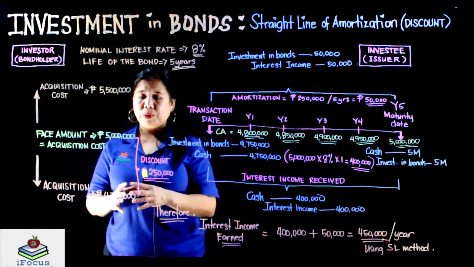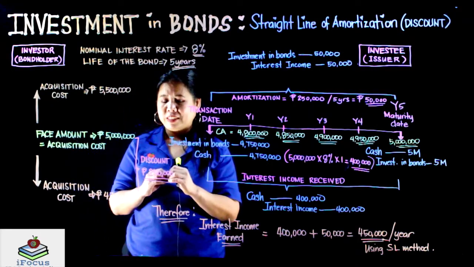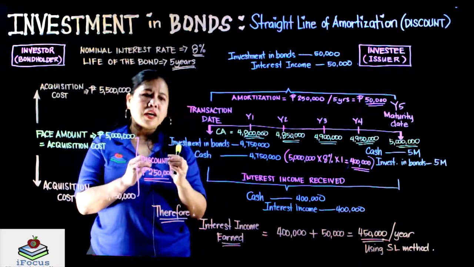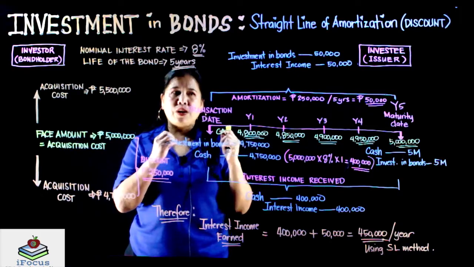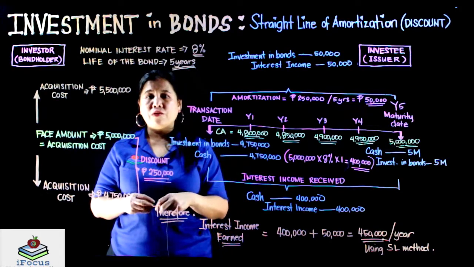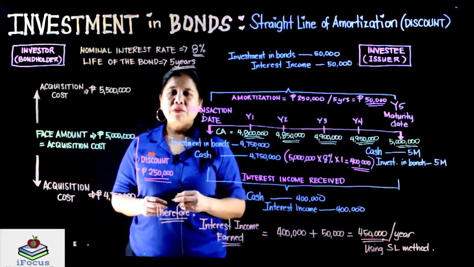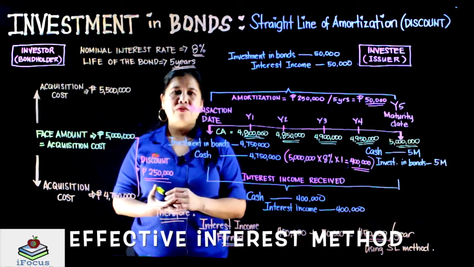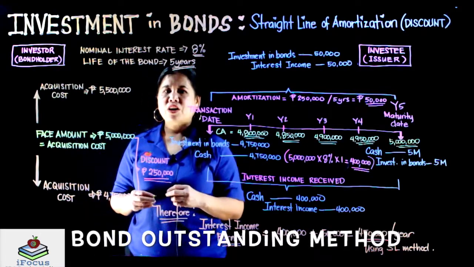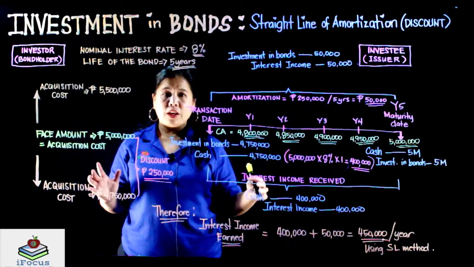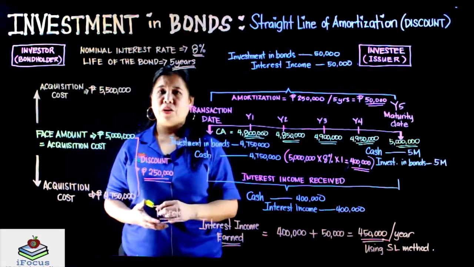The difference between that acquisition cost and the face amount is what you call discount. So, sa discount na ito, ina-amortize natin ito over the life of the bonds. And we have three methods of amortization: the straight line method, the effective interest method, at ang bond outstanding method. Itong video lecture na ito ay nag-focus sa straight line method of amortization.